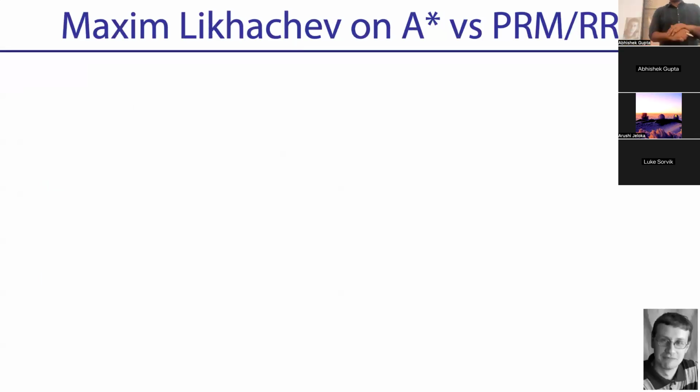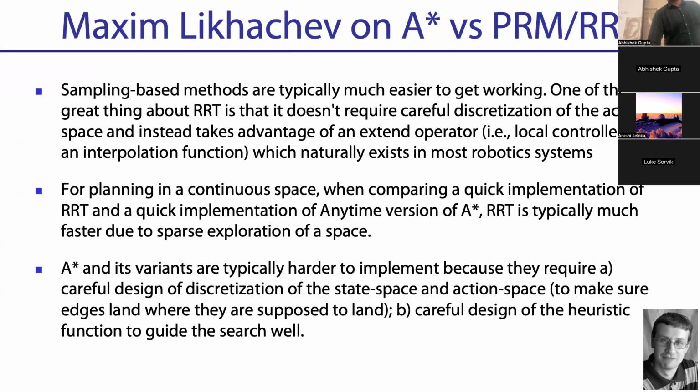Okay. Last thing to cover here is Max Likhachev, who is a big pioneer in this space at CMU. I just copied this from his slides, but his opinion generally is that for continuous spaces, sampling-based methods like RRT and RRT star are much easier to get to work. They don't require careful discretization.